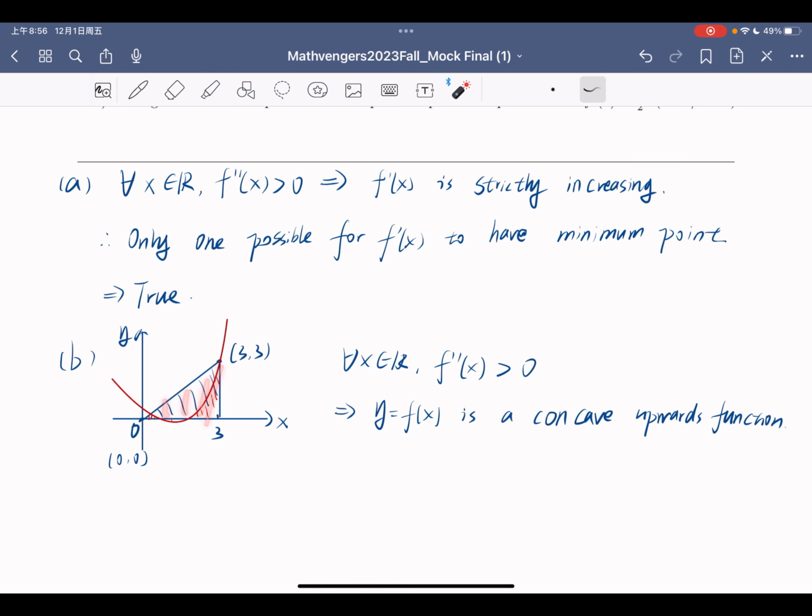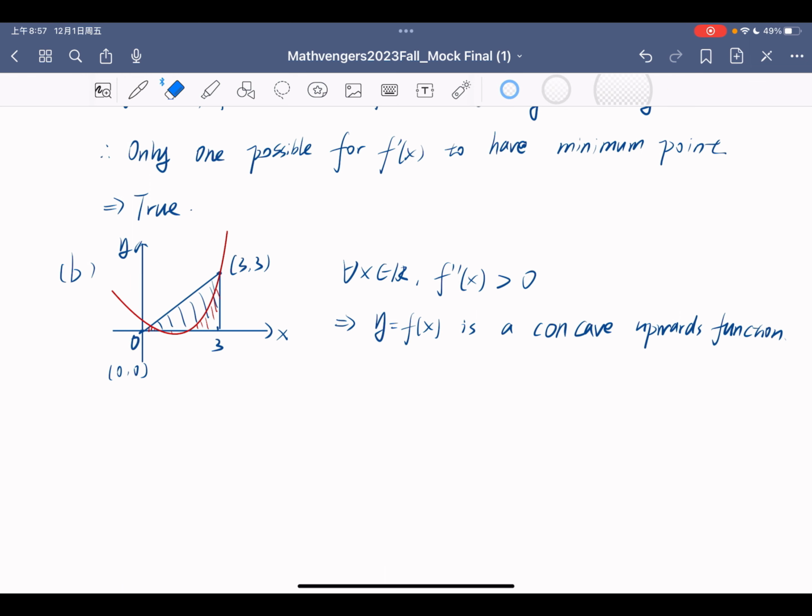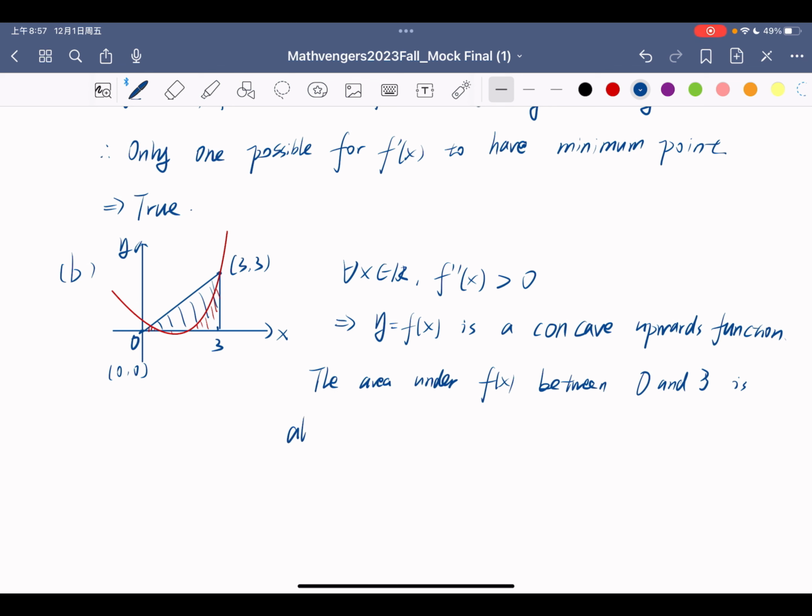So the area under f(x) between 0 and 3 is always smaller than the area of the triangle.